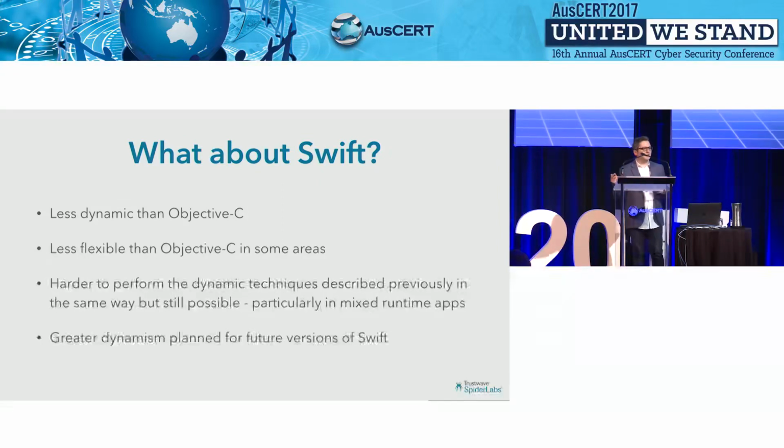As well, the Swift team is planning on introducing some of the dynamic features of Objective-C, just so developers can use some of the patterns that they're used to. I think they'll probably do it in a safer way, but still it has the element of these issues that we're going to discuss.